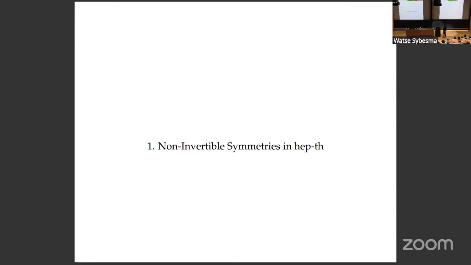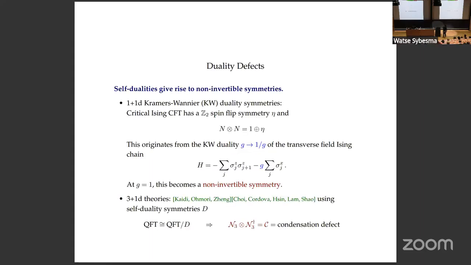Okay, so let's recap what we know about non-invertible symmetries in high-energy physics. This is setting the tone for where these things actually occur. The classic example comes from a system that has a self-duality, which is a vehicle to construct a non-invertible symmetry.